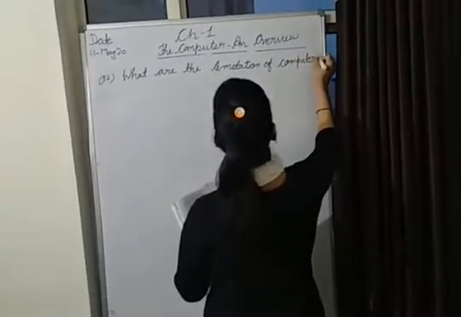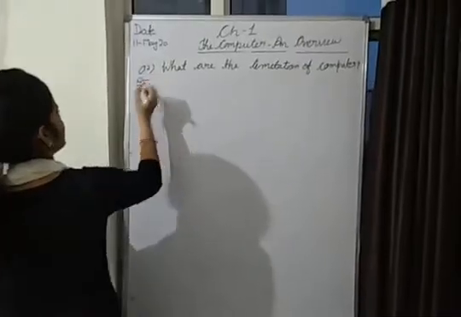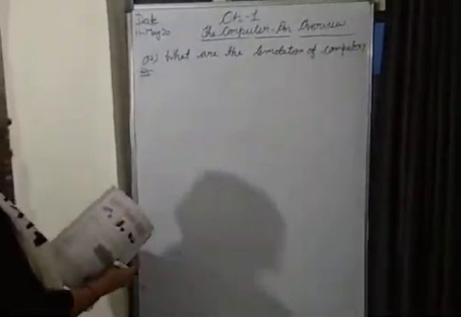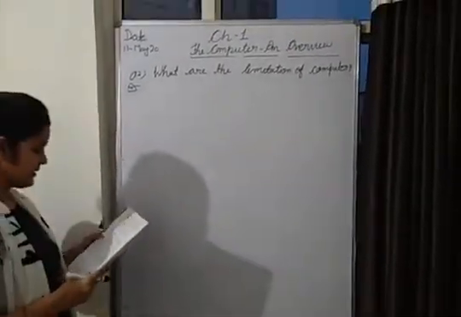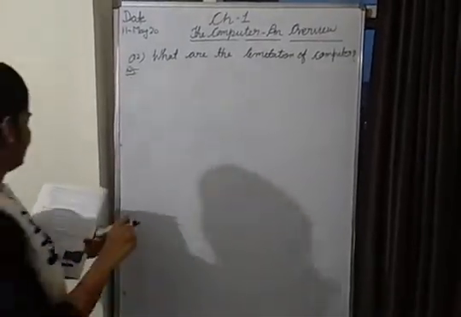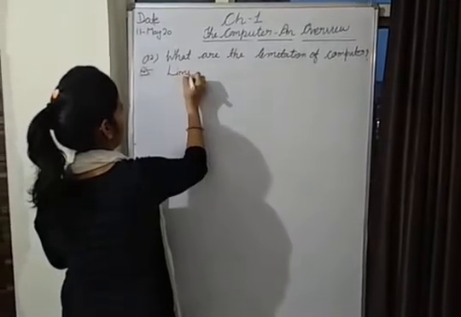So student, there are some disadvantages, like some limitations of a computer. Okay, means what the computer does not have, computer के पास क्या क्या नहीं है. So we will write some limitations of computers.